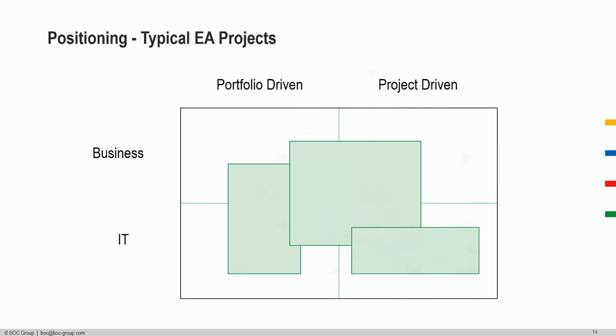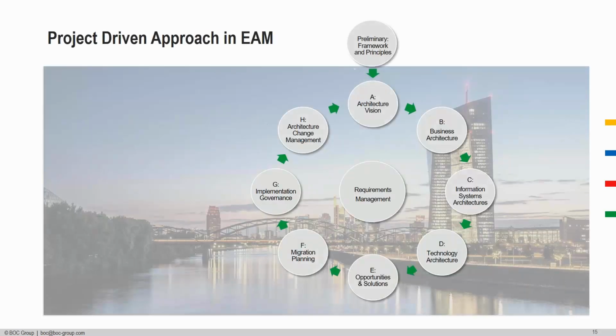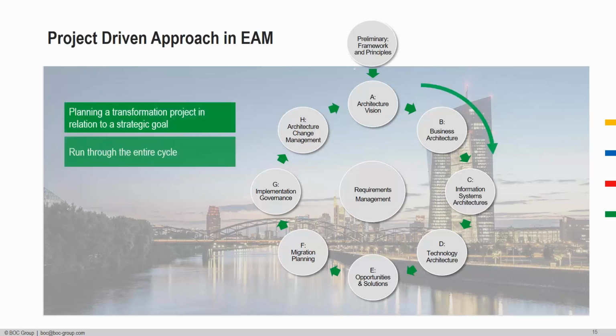So again, here we have the ADM from TOGAF, which is the structured and iterative approach for EA. In phase A, we're trying to define the architectural and strategic goals that we're trying to achieve. And with the more project-focused approach, the whole objective of the EA initiative is to deliver a solution related to a single goal.